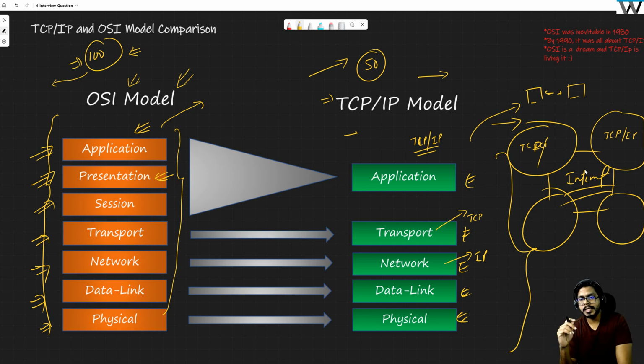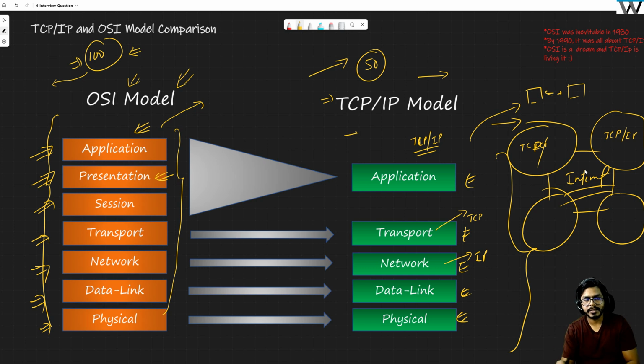So the TCP/IP model was pretty fast because people were actually using it in production, to transfer real data, real files, and that is why a lot of networks were built at that point of time, and then those networks got connected, which resulted in your internet.